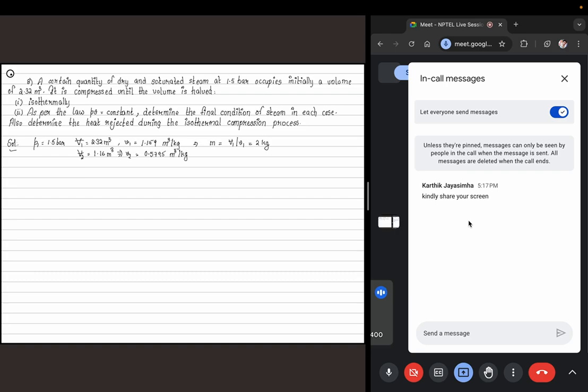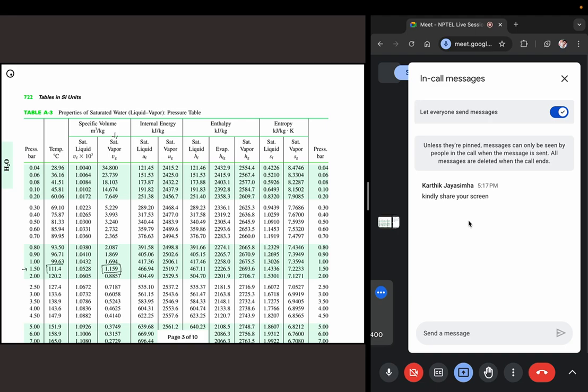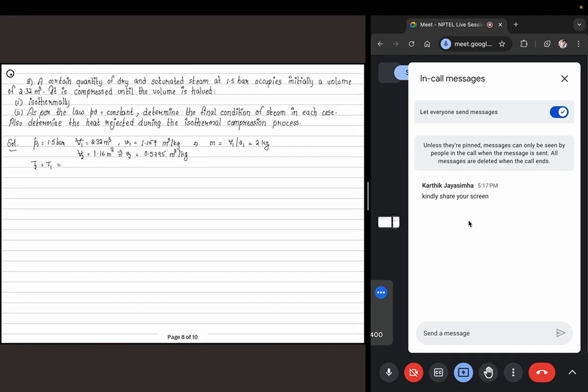And isothermal, so T2 equals T1, which is equal to the initial saturated value. So at 1.5 bar, the saturated temperature was known. So all I need to find now is the final state.